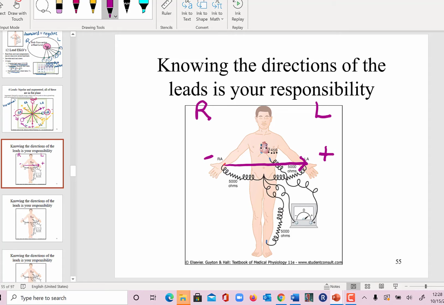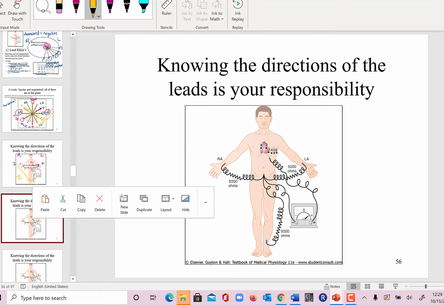What about lead 2? Lead 2 is negative at the right arm, positive at the foot. They show here the left foot, left leg. It's fine. It's just still positive at the foot. And it points down to the left. So that's lead 2.